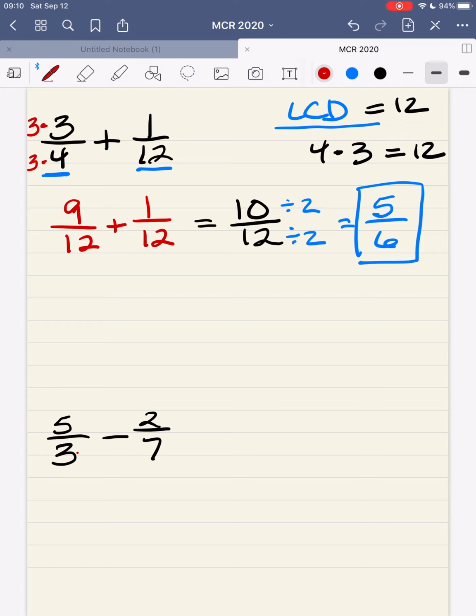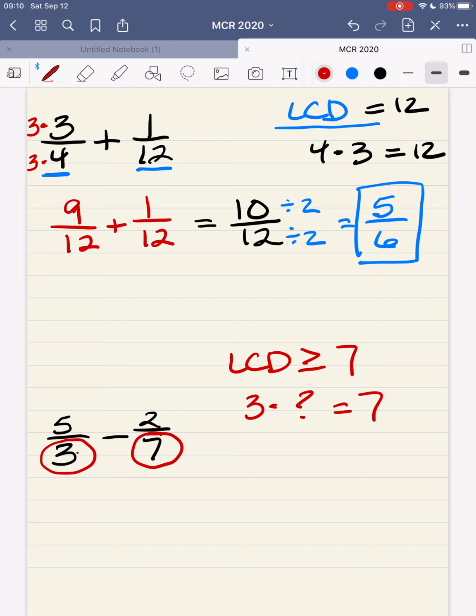So here, I have a denominator of 3, and I have a denominator of 7. I know my LCD has to be greater than or equal to my largest denominator of 7. Right? And I want to see, can I multiply 3 by some number to give me 7? That can't happen.